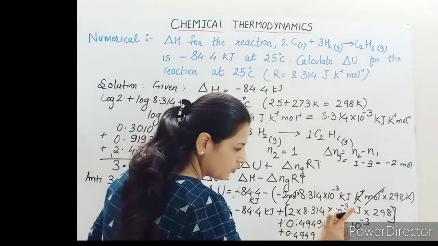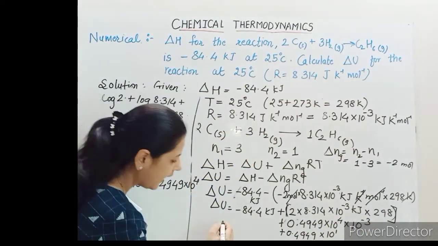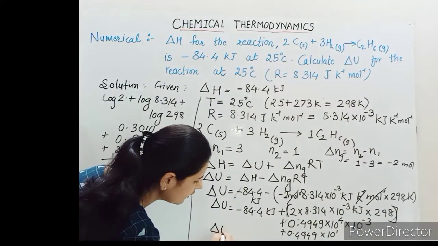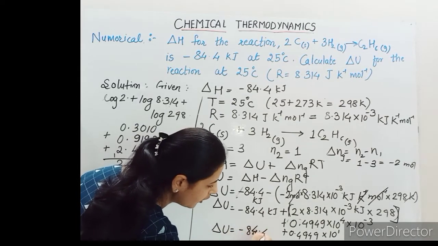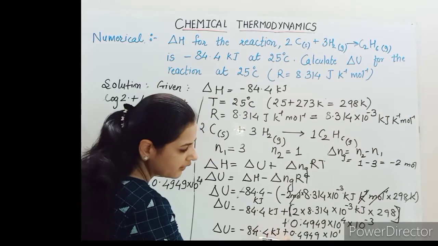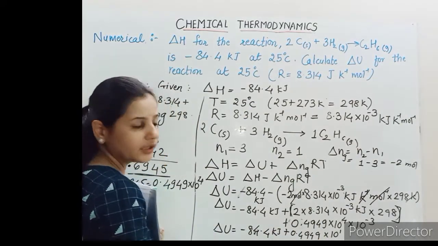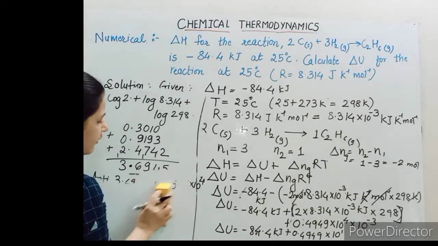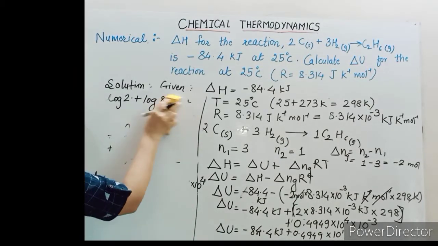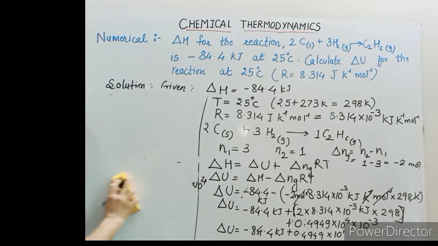Then we just have to subtract: minus 84.4 kilojoule plus 0.4949 into 10 raised to the power 1. Now how can we write this further in simplified form?